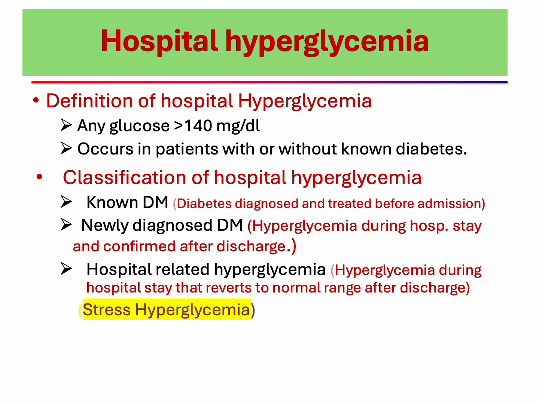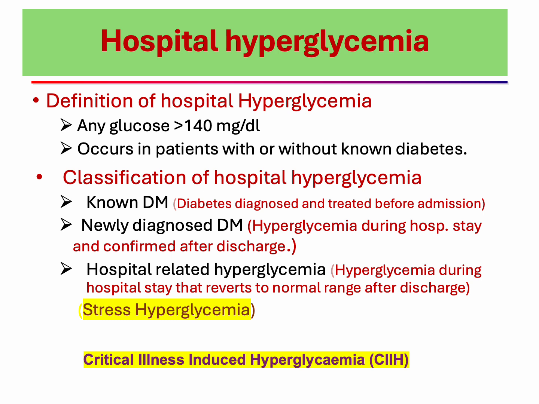This response is sometimes referred to as CIIH, which stands for critical illness-induced hyperglycemia, typically observed in those who are moderately to severely ill patients.